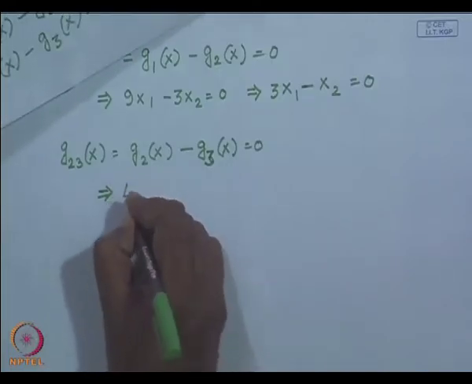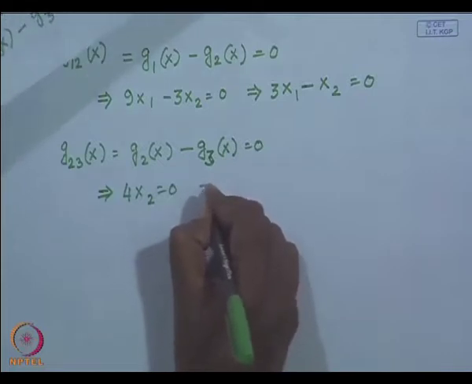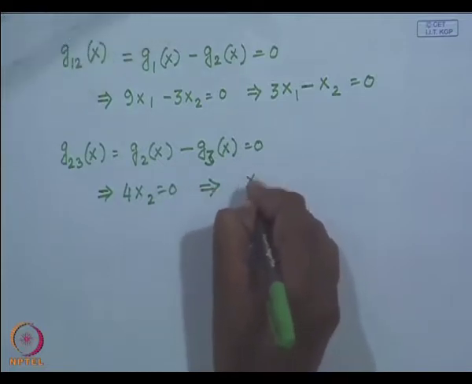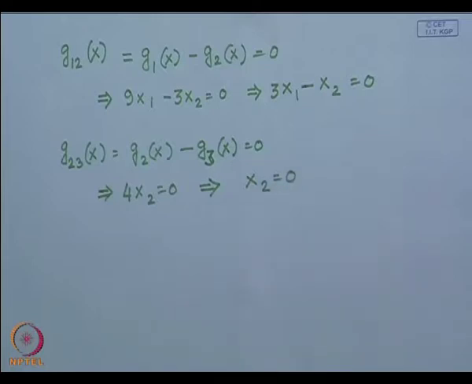So, that gives me x2 is equal to 0, and x2 equal to 0 is nothing but the x1 axis.